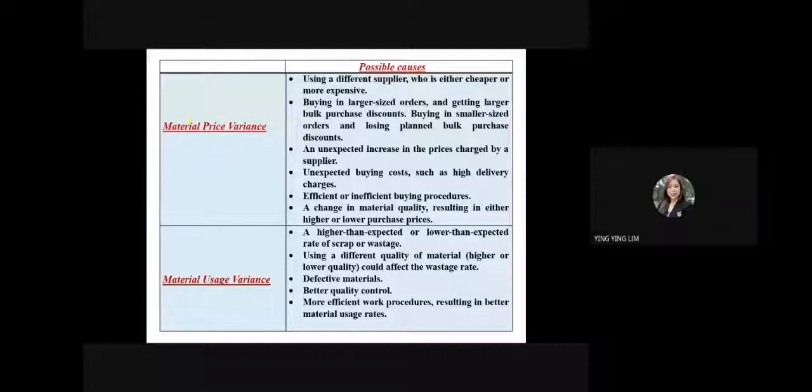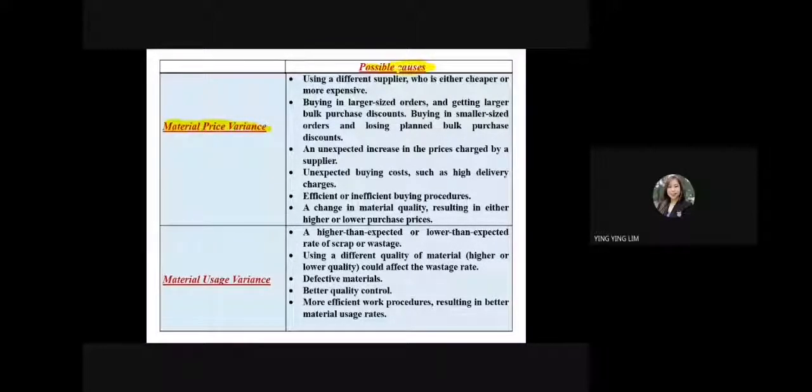First of all, we look at material price variance. For example, if you get a favorable material price variance, what are the causes that make this material price favorable? We're going to look at the possible causes here.